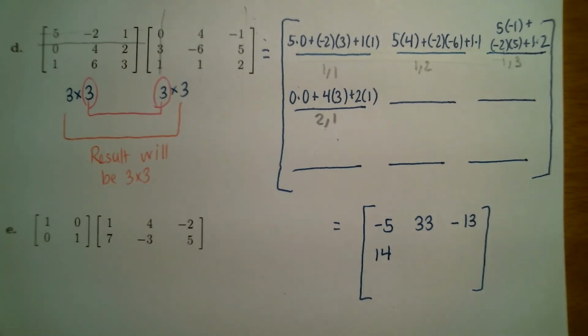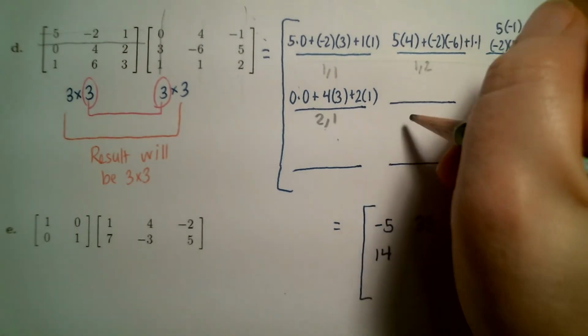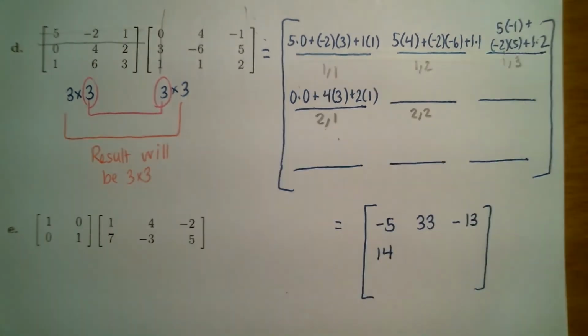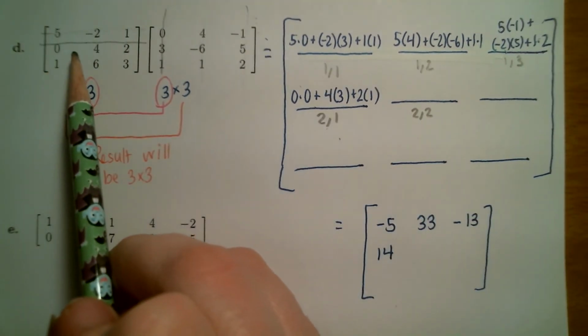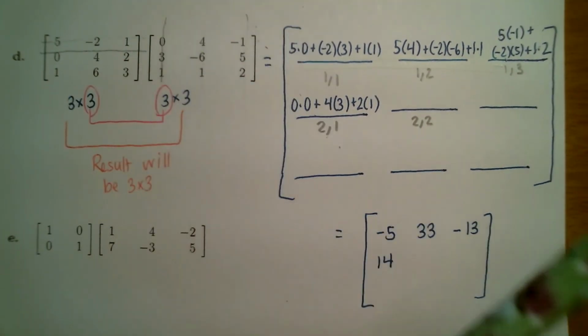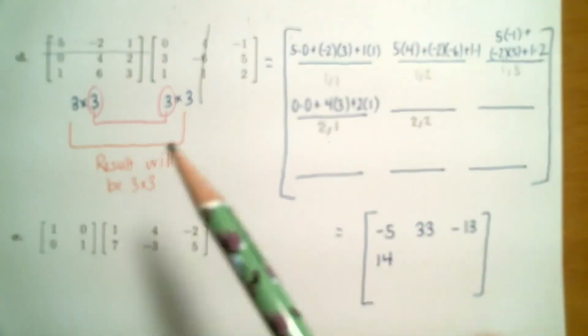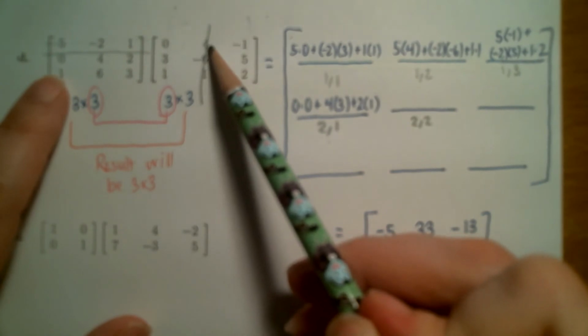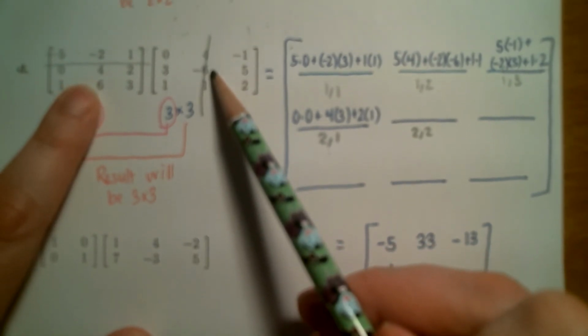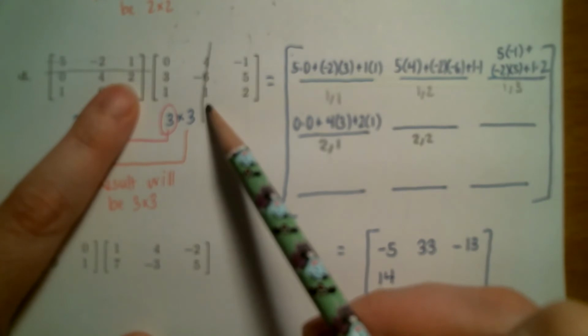All right, moving on. This is position second row, second column. So you're going to do the dot product of the second row, second column. So change your column. So this is going to be 0 times 4 plus 4 times negative 6 plus 2 times 1.